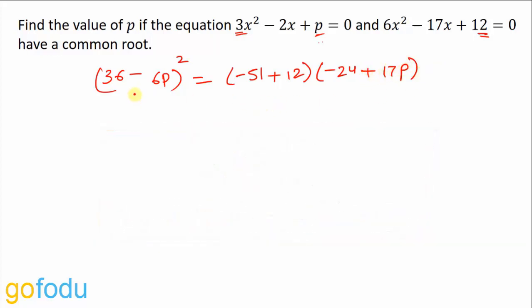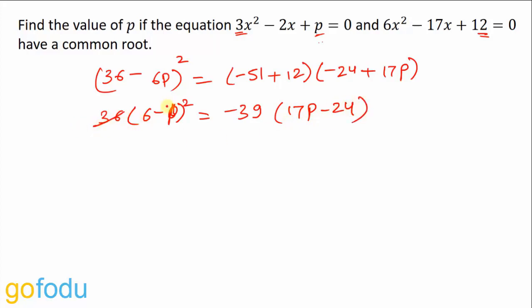And I can take out 6 common from here, and square over 6 will make it 36 into 6 minus p whole square will be equal to minus 51 plus 12, that is minus 39 into 17p minus 24.